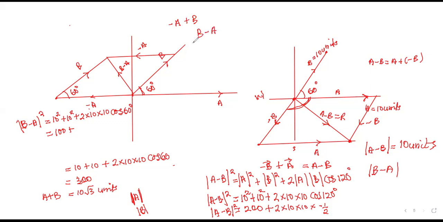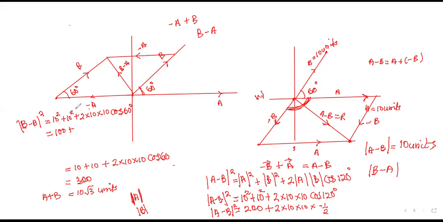So the question is, what is the angle between A and B? Here, what did we use? We used the angle between A and B, and it is 120. After negating the direction of A, what is the angle between minus A and B? That is 60. Are you okay?